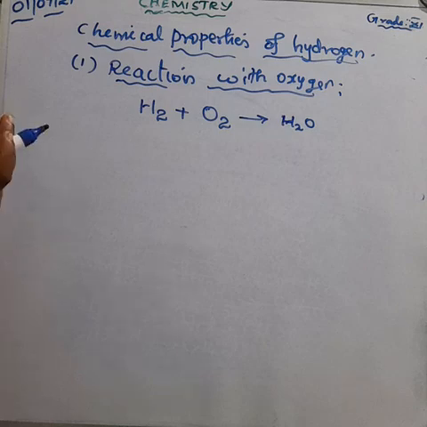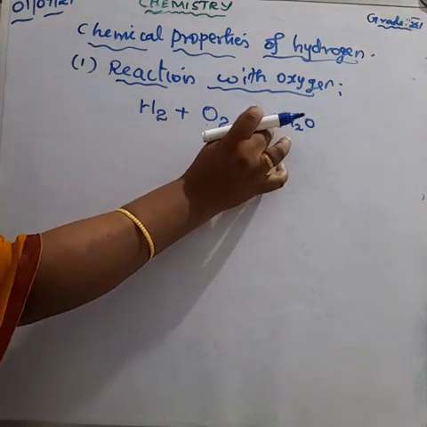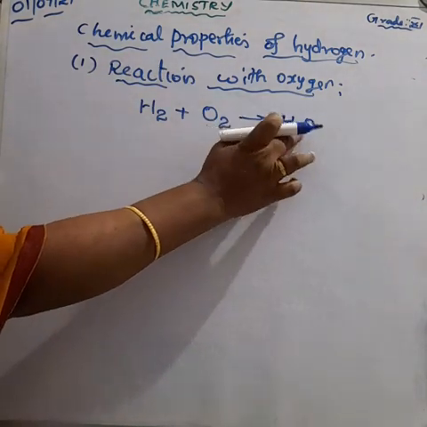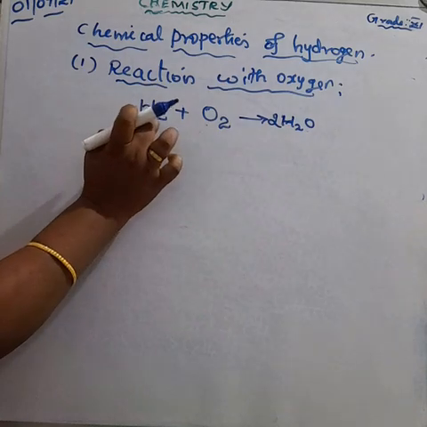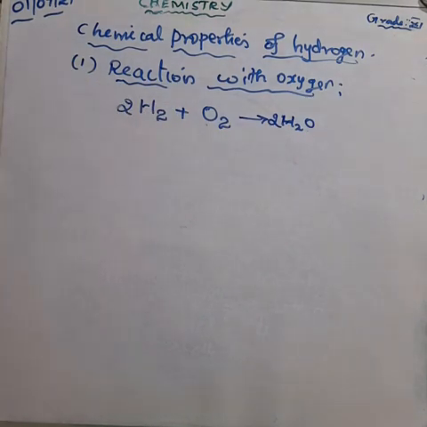But oxygen here is 2, and here only 1 oxygen, so we make it 2. Now oxygen is balanced, but hydrogen here has 2 twos, 4 hydrogens, so we have to make it 2 twos are 4 here. The equation is balanced.